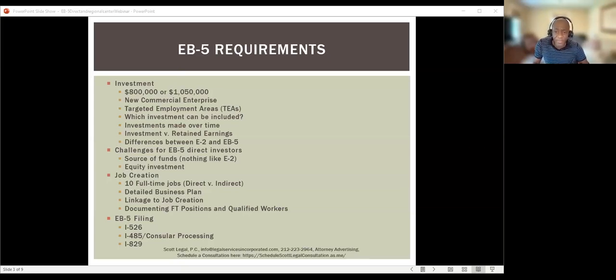So the level of detail that you're required to pull together when you are looking at EB-5 is quite significant, and the examiners are quite exacting, and it's going back a long period of time. So even if the funds came from something that occurred 20, 30, 40 years ago, the government really doesn't care with respect to the availability of information. They, in essence, are saying you have to provide the information or they're not going to approve the EB-5.